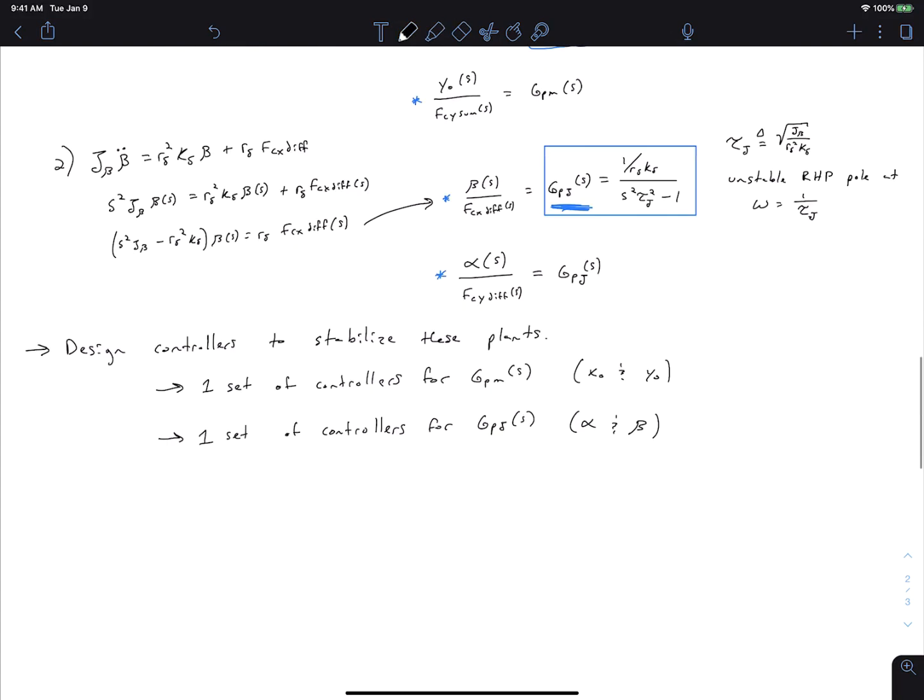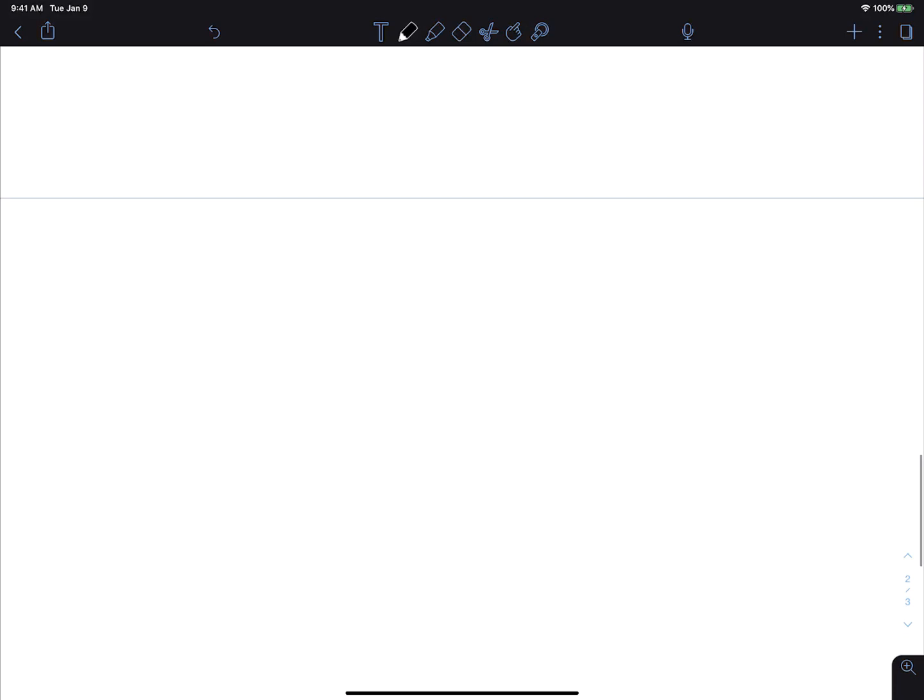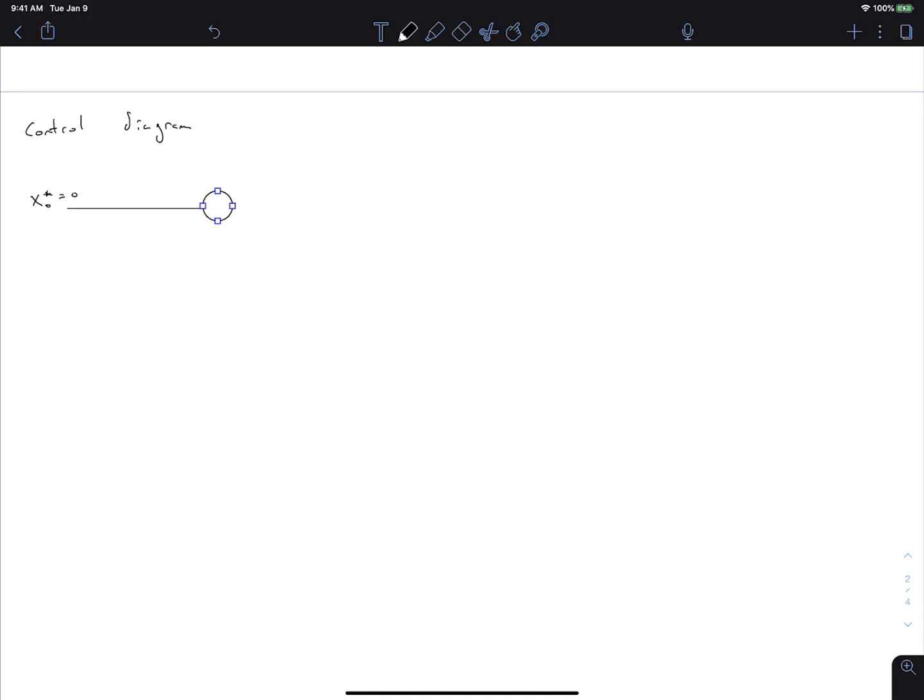And finally, I want to sketch out the control architecture and how this looks in implementation. So you've got a reference for x0, and then you have your measurements of x1 and x2. And from these measurements, you have to calculate your x0 state and your beta state.